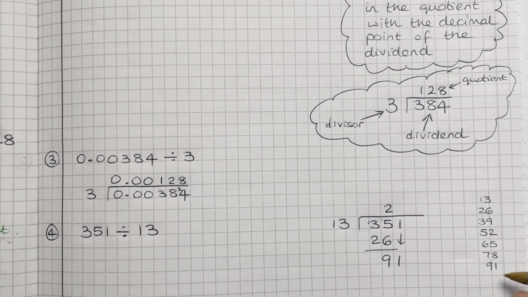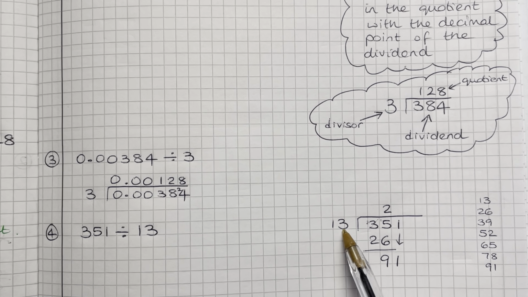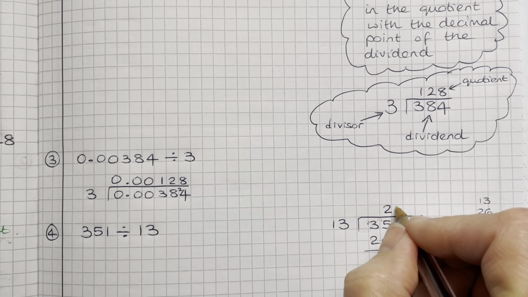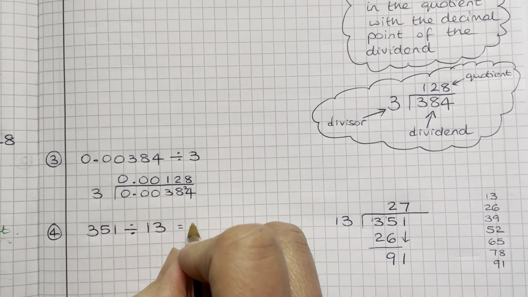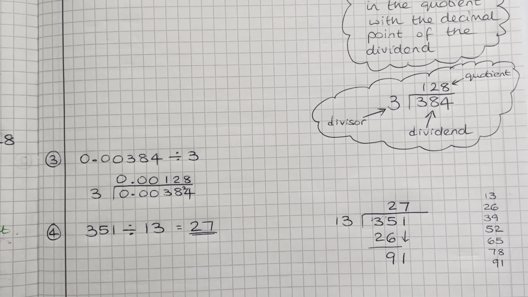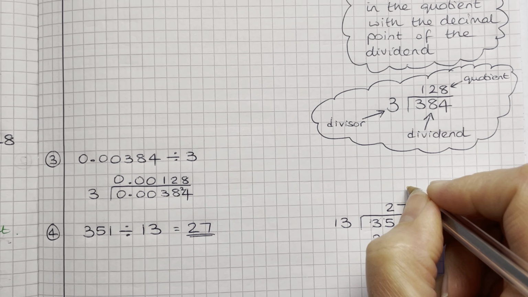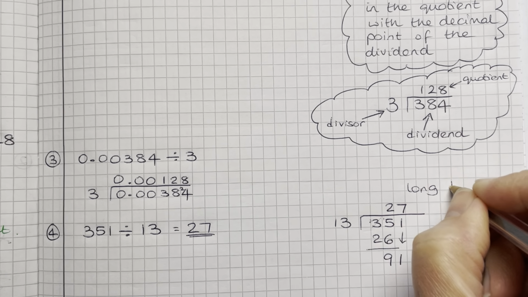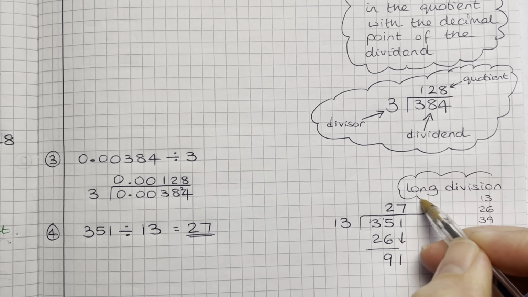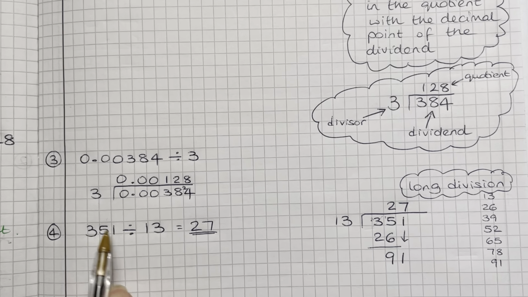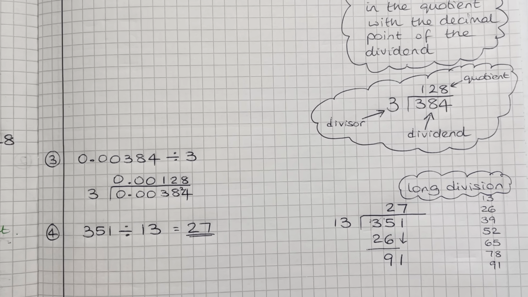I can see that 7 lots of 13 give me 91. So my answer is 27. So that's just a quick reminder of long division. And it works exactly the same if you have a decimal here.